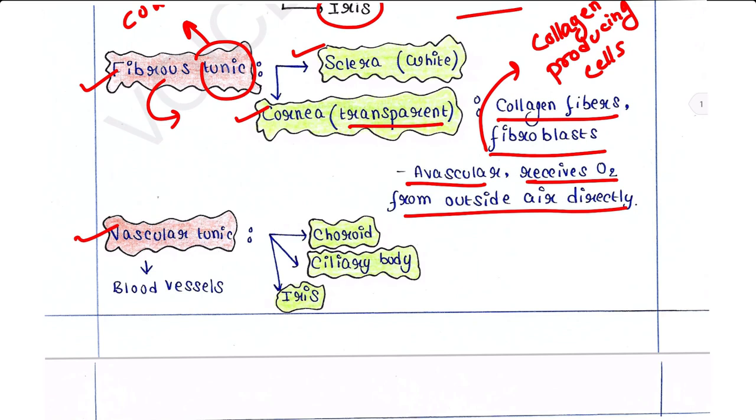This layer is beneath the outermost layer, so it is not visible from outside. This layer is composed of three parts: choroid, ciliary body and iris. This layer contains numerous blood vessels that provide nutrients. Therefore, this layer is called vascular tunic.